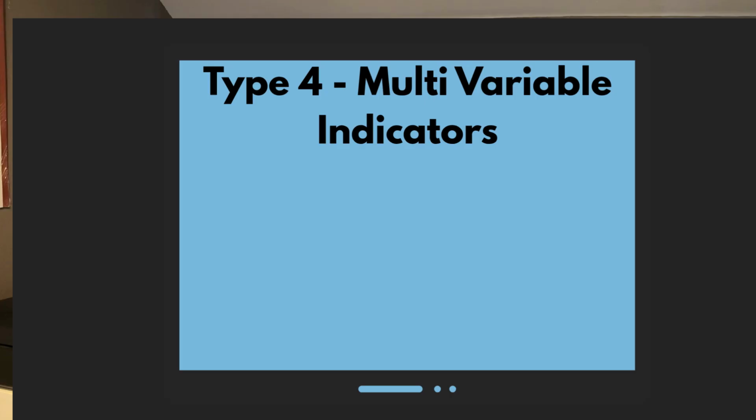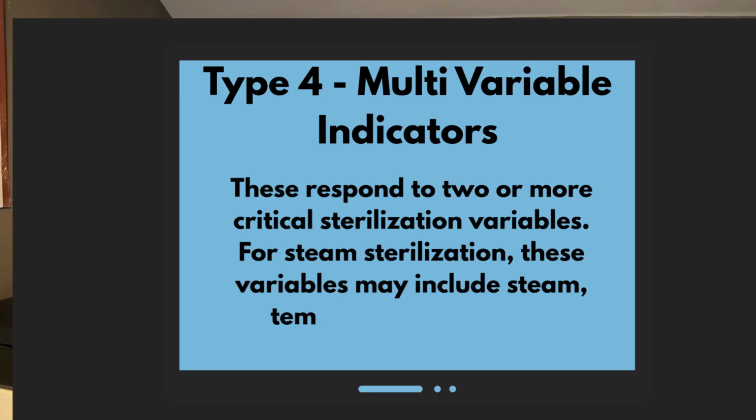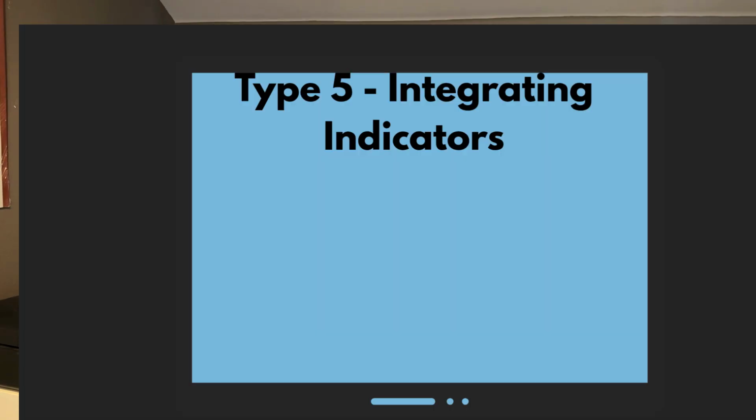Type 4 is a multi-variable indicator, and it responds to two or more sterilization variables. For steam sterilization, these variables may include steam, temperature, and time. These indicators provide us more information than a type 3 indicator and are commonly used in some facilities as internal packaging monitors. So let's talk about type 5.